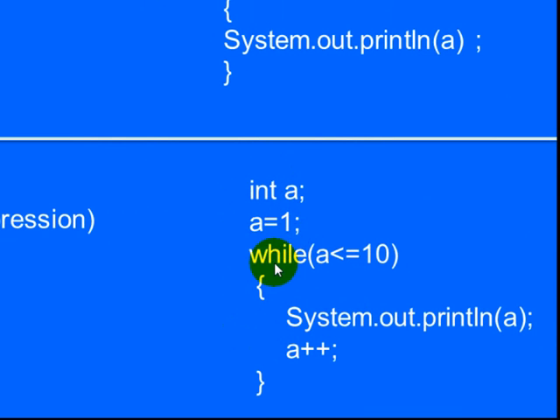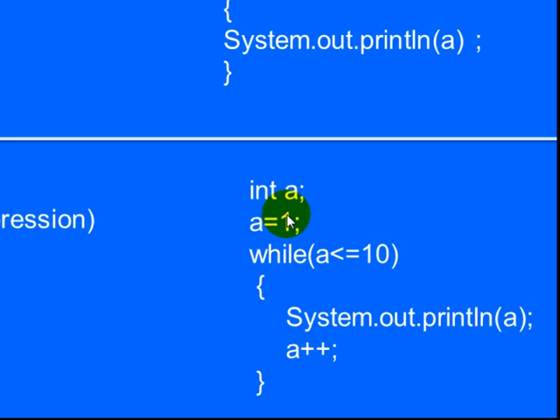Now here in the while loop we just put the conditional expression, the testing expression, and the statements are given. The statements which need to be executed again and again are given within the body of the while loop. And out of these statements, one statement will be the update statement, which will update the status of the variable.